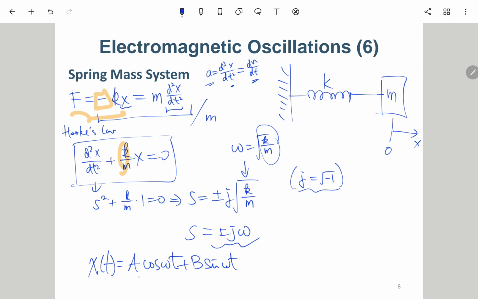Okay, so we already talked about that before. But in the textbook we will usually write it as something like, let's say this is a capital X, or whatever variable you like, and then write it as x cosine of omega t plus phi.